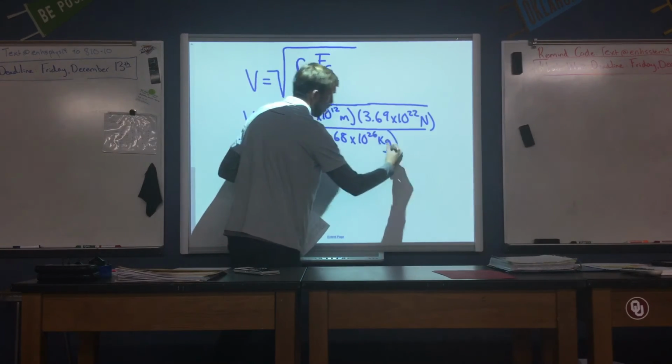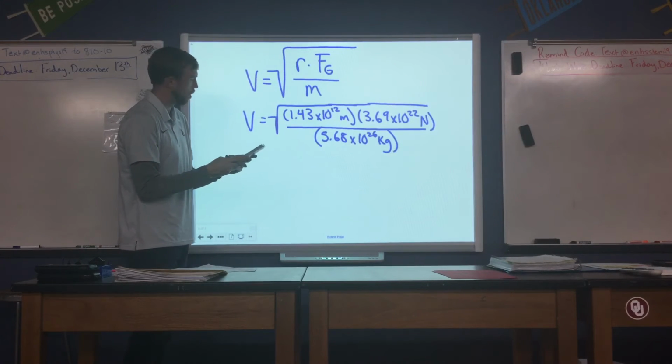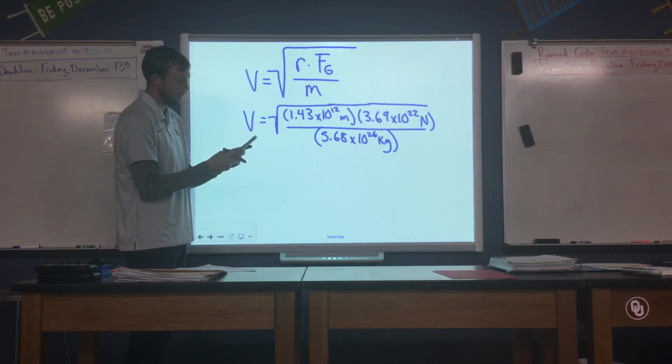And then we will take a square root of that entire function. So we have 1.43 times 10 to the 12 meters, multiplied by 3.69 times 10 to the 22nd newtons, divided by 5.68 times 10 to the 26th kilograms, and then we'll take a square root of our value.